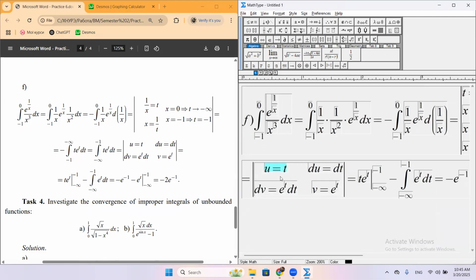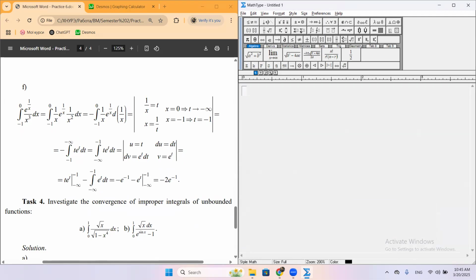So task 4, where we have to investigate the convergence of improper integrals of unbounded functions. The following integral, from 0 to 1, of square root of x divided by 1 minus x to the power of 4, dx.